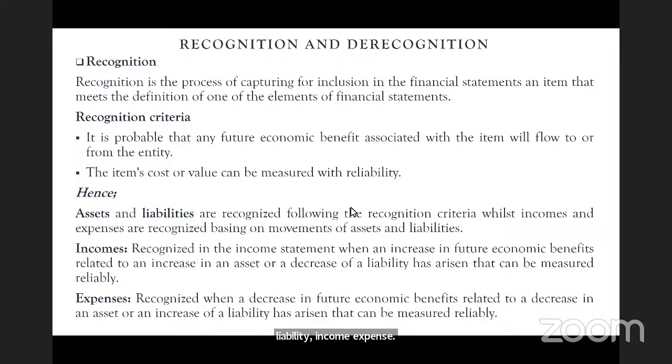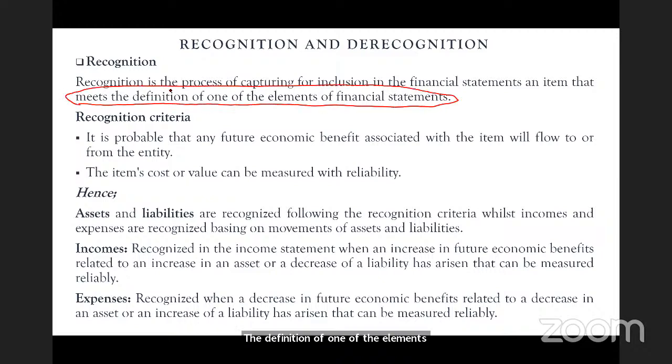We said number 1, before we even look at the criteria, that particular item must meet the definition of one of the elements of financial statements. If I'm looking at an asset, before I even ask myself whether I should include it in my books or not, my first question should be, does it meet the definition of an asset?